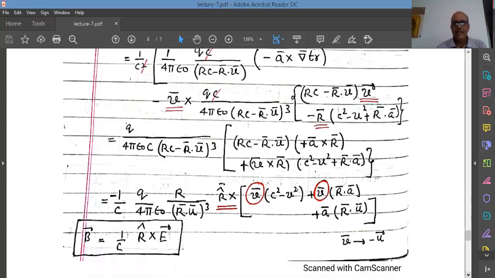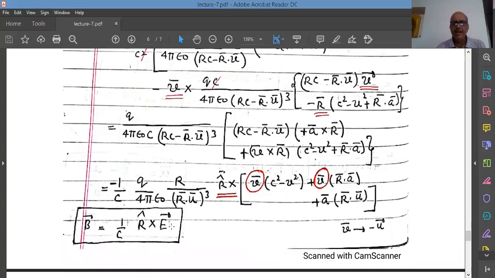Now, if you look at this expression, I have written this as B is equal to 1 over c, R cap cross E. If you look at the expression for E, in place of v, you will basically have u. It is u into c square minus v square, and then these two terms are clubbed together, and we write it as r cross u cross a.